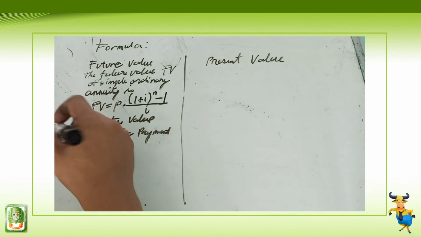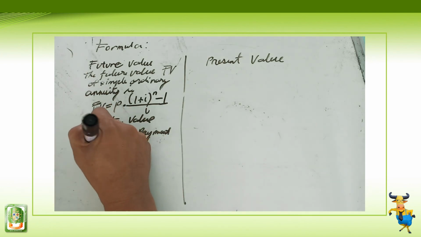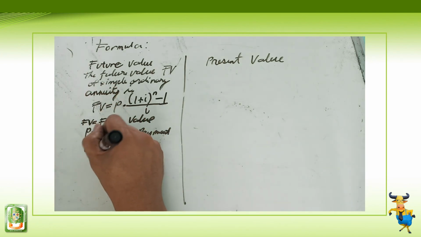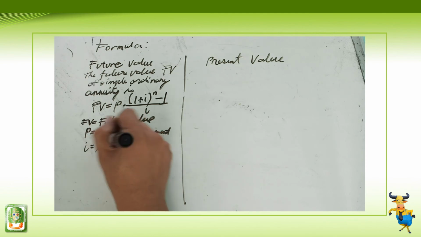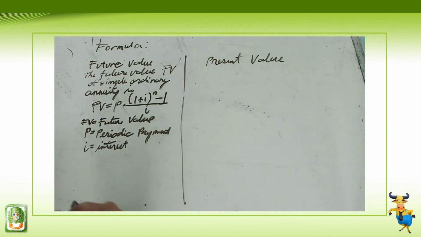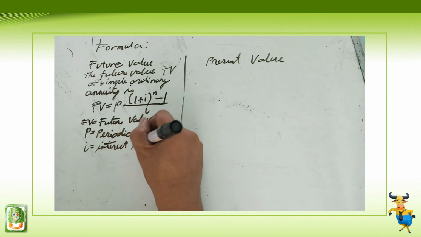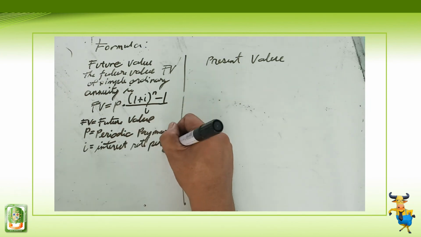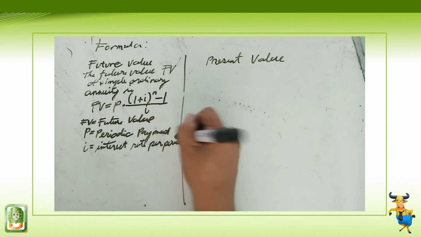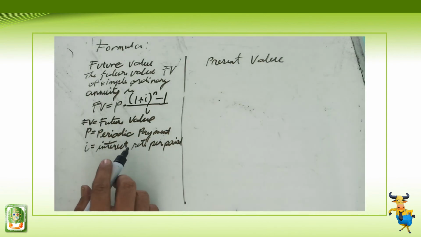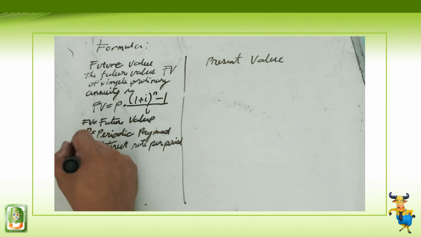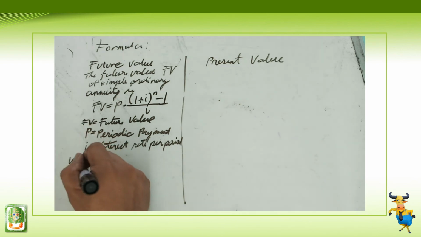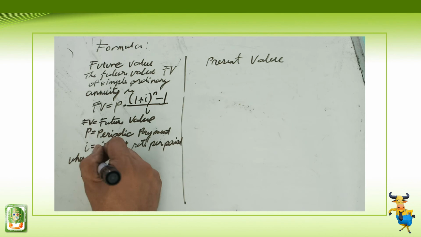Yung i naman natin, interest rate per period, where interest rate is equal to r over k.